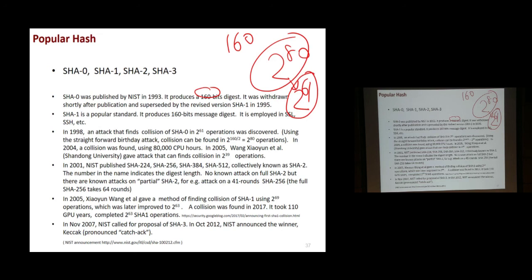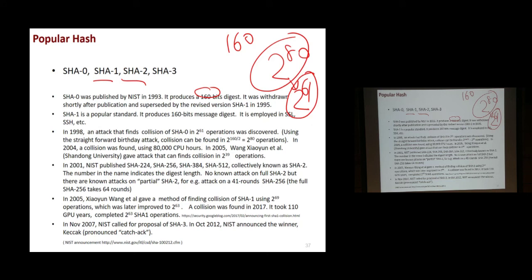Because of this, people started to panic, so they started to get a new scheme, which is SHA-1 and SHA-2.